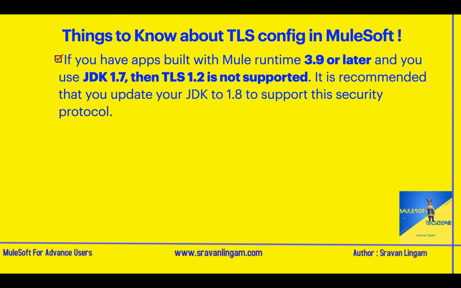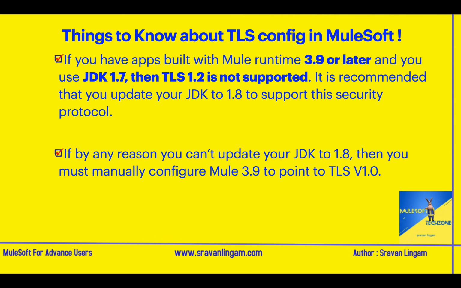Next, if you have applications built with Mule runtime 3.9 or later, and you use JDK 1.7, then TLS 1.2 is not supported. It is important, or recommended, that you update your JDK to version 1.8 to support this security protocol. If you want to enable TLS 1.2, JDK 1.7 is not supported.